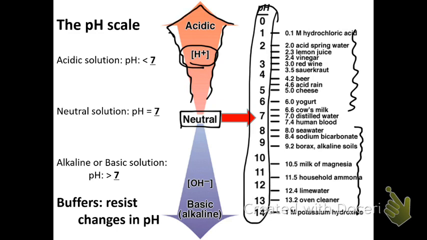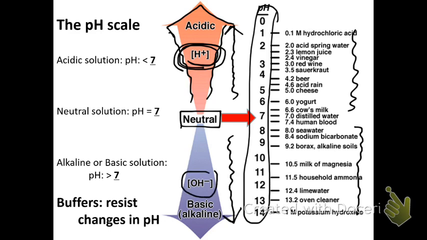So as the pH goes lower than 7, what's happening is that you are releasing more hydrogen. Now, conversely, as the pH goes above 7 toward 14, you see an increase in hydroxyl ion, OH minus. So to go toward pH 14 is to be more basic or more alkaline.